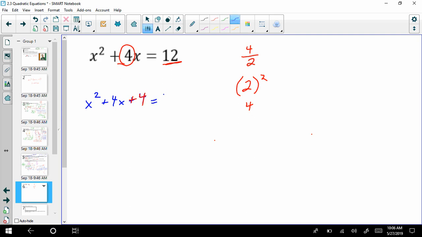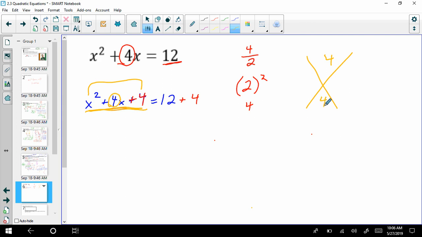And on the right side, if I add it to one side, I have to add it to the other side to keep it balanced. Now, the whole reason why we just completed the square is if you've done it correctly, the left side should now factor. So I want to multiply to 4, and I want to add to 4.